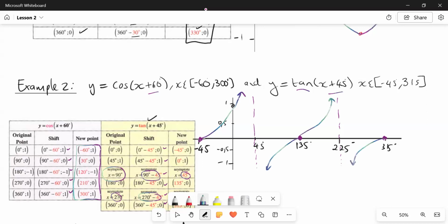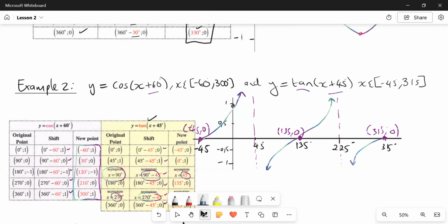And now you can just label your points. Here you have 135 is 0, 225 is 0, and then negative 45 is 0 here. So this is the graph of tan x plus 45.